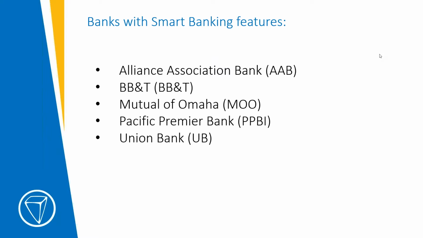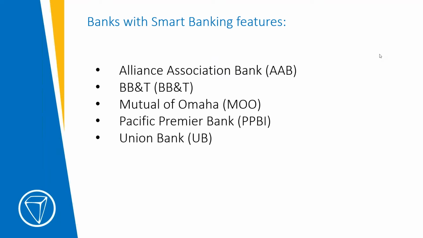That's actually Mutual of Omaha. With these banks, they keep changing names, and so some of us are still stuck with the CAB when in fact it is Mutual of Omaha, MOO. Pacific Premier Bank, PPBI. So Pacific Premier Bank is another bank, and then also Union Bank, UB, Union Bank. So these are our banks that use the smart banking.